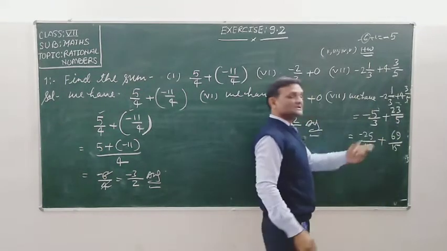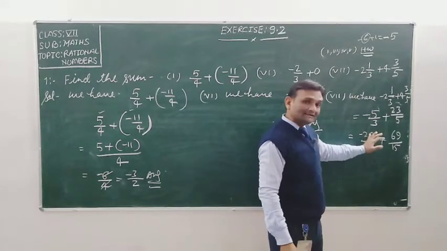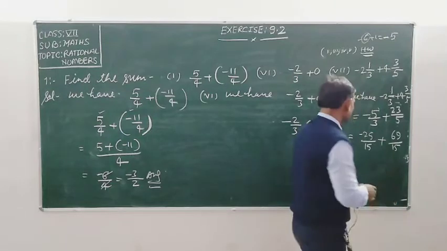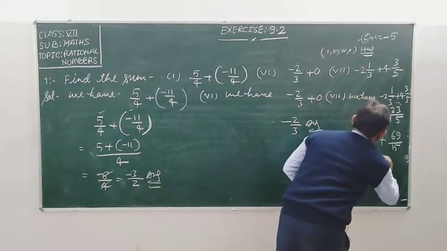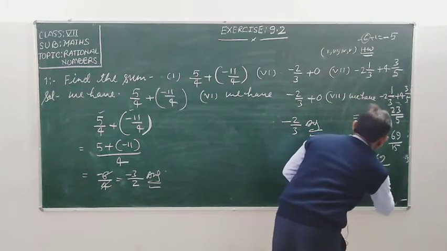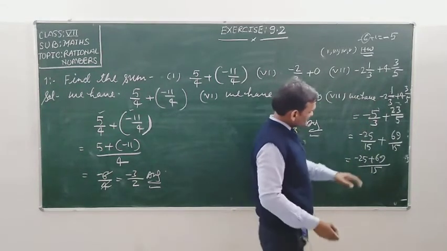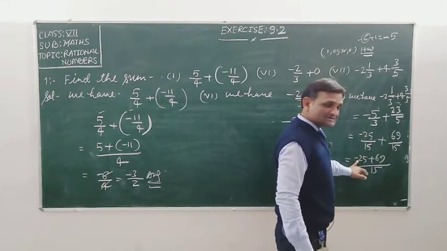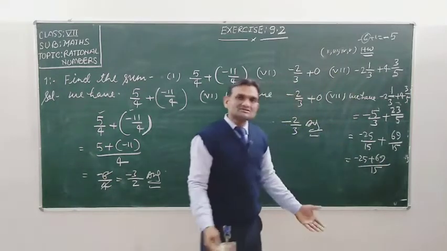Now student, you are seeing that my denominators are the same, so we add only the numerators and write one denominator. Very easy, student. Minus 25 plus 69, and we write one denominator like this. You are seeing that 25 is negative and 69 is positive, so we can't add, we only subtract.